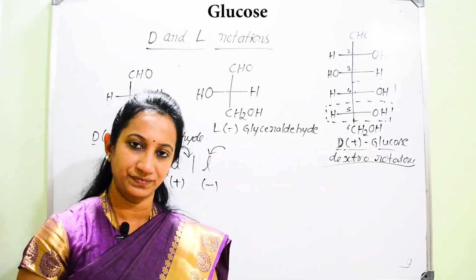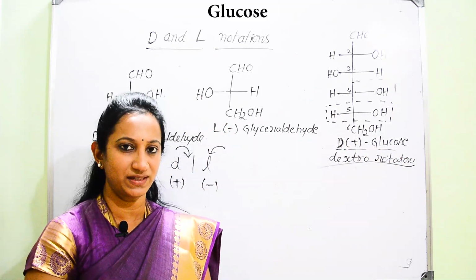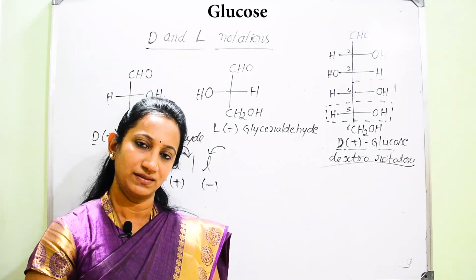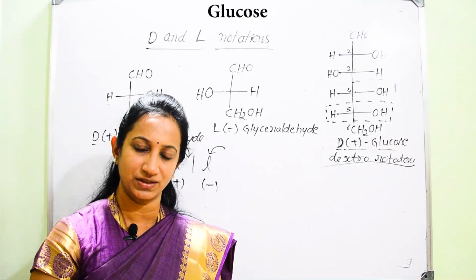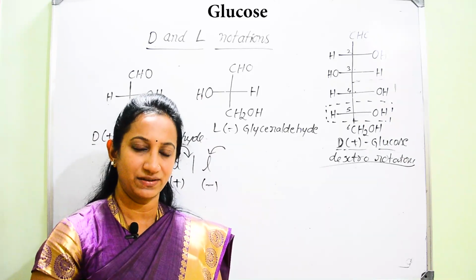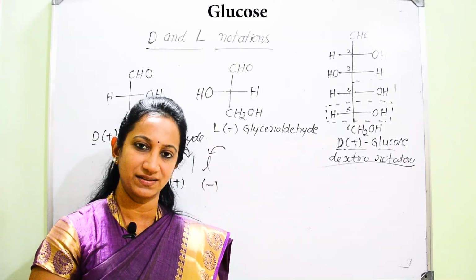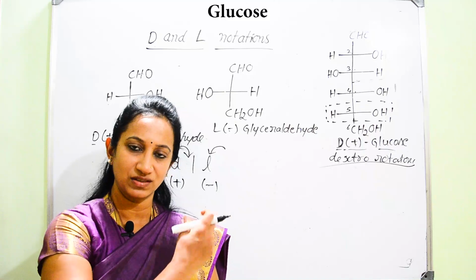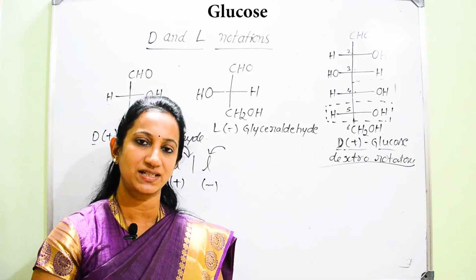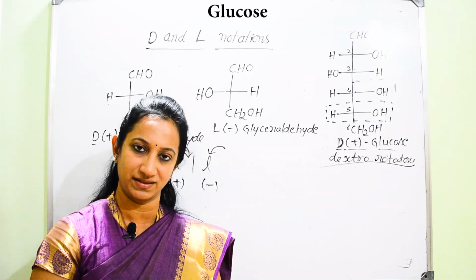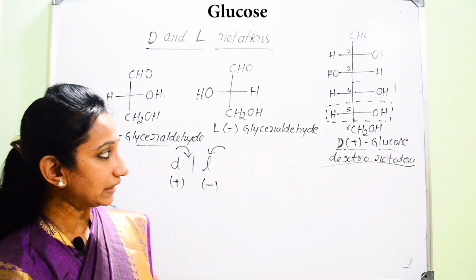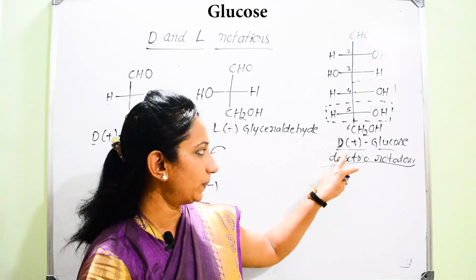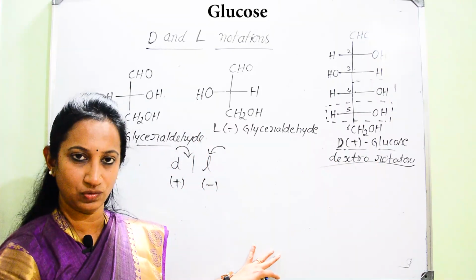Anyway, after considering this open chain structure, even Fischer was not able to answer many other sets of reactions, like those of the aldehyde group. Like aldehydes, this glucose is not able to give positive answers with different reagents. So he considered that there are certain limitations for the open chain structure of glucose.